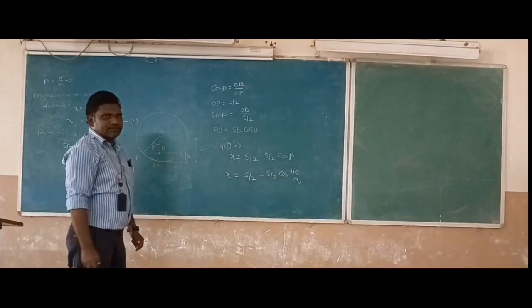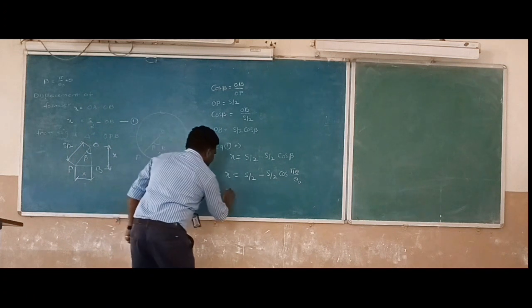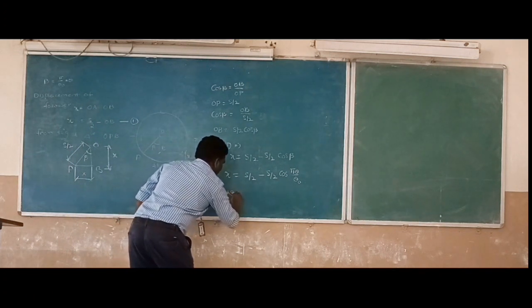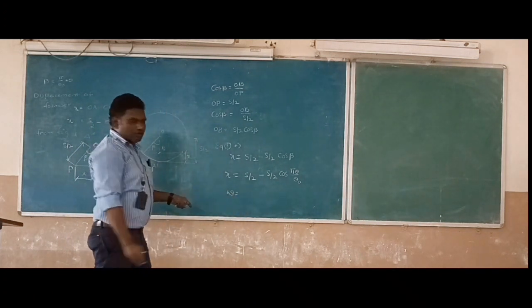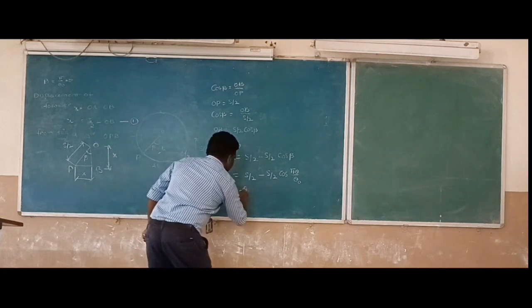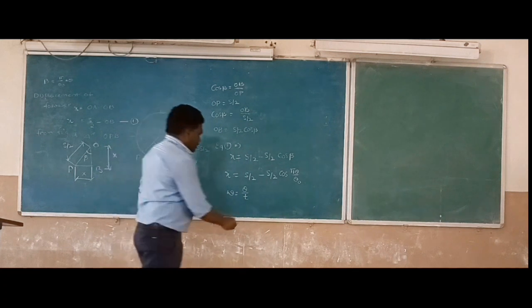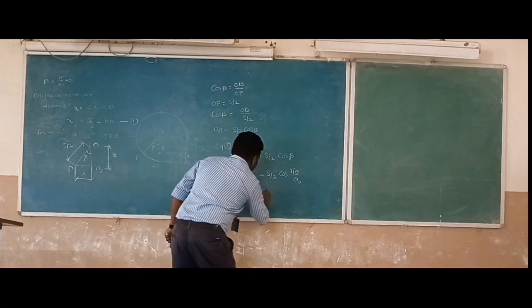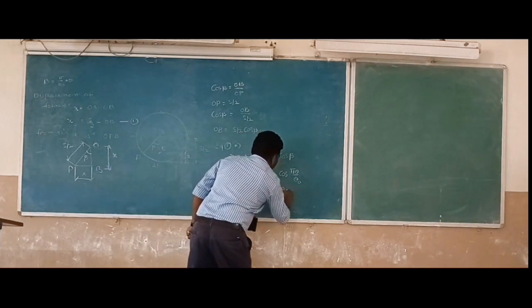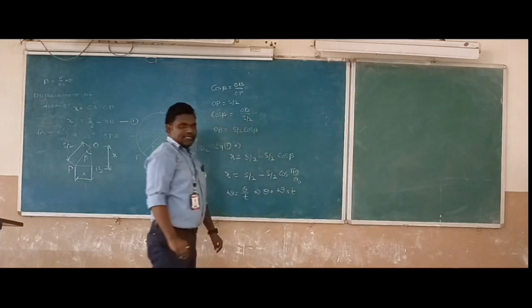Angular displacement. The angular velocity omega is equal to the angular displacement theta with respect to time t. Now from this, the angular displacement theta is equal to omega into t.